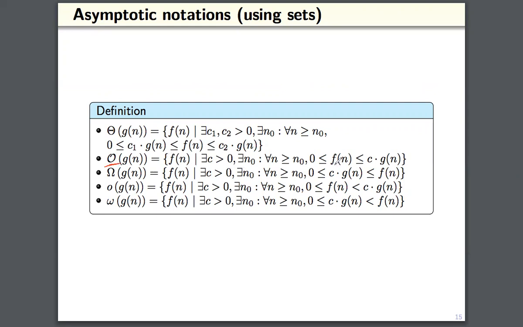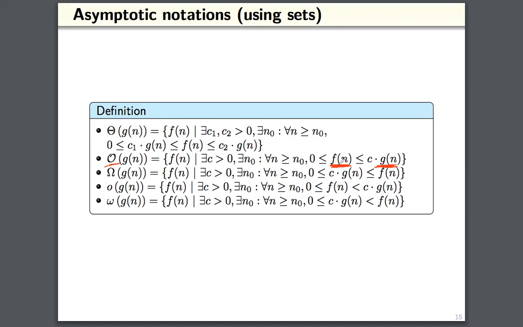Okay, what is O? F of n has a smaller order of growth than g of n. I mean, smaller or equal to order of growth than g of n. So that's the meaning of O of g of n. So f of n is at most g of n.